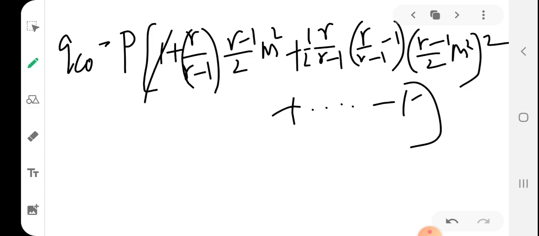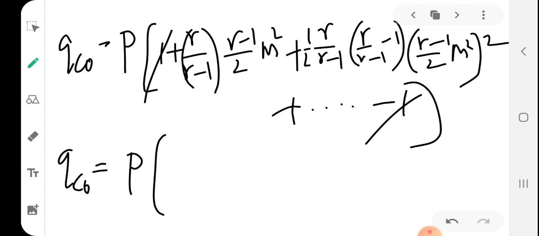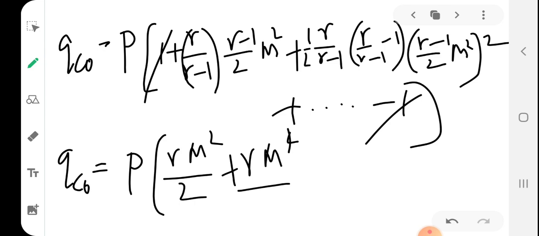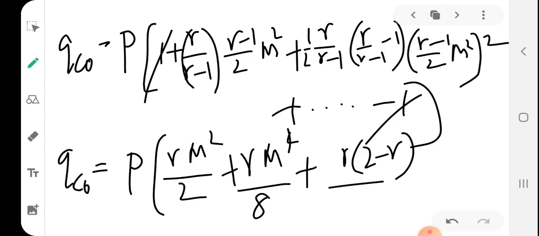So this 1 and this minus 1 cancel, and you will get Q compressible as P into, if you expand, gamma M square by 2 plus gamma M raised to 4 by 8 plus some gamma terms, and if you continue the expansion you will get M raised to 6, and the series continues.